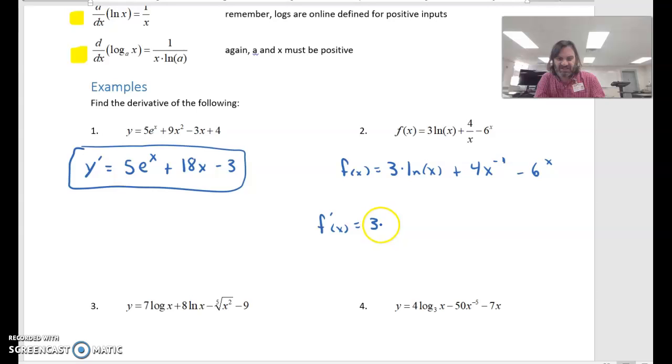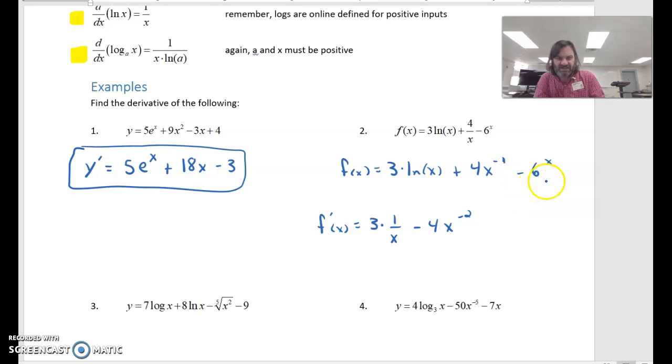So our derivative can be, this is 3 times the natural log of x. 3 is a constant. The derivative of natural log of x is 1 over x, so that gives me basically 3 over x. And then plus, and we got 4x to the negative 1, that's a power rule, so let me change that plus to a minus because the negative 1 will come out front. So it'll be minus 4x to the negative 2 when it reduces the power.